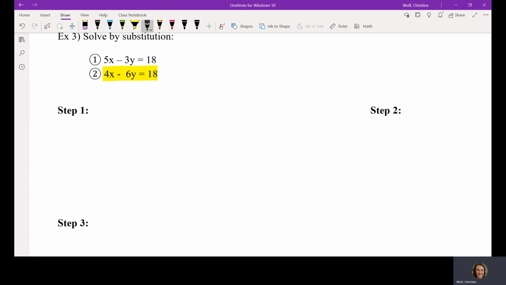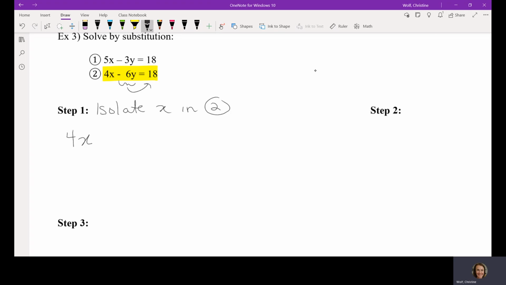And then you have to decide which one you are going to isolate, x or y? And it really doesn't matter. I'm going to go for x. So for step 1, I'm going to isolate x in 2. To do that, I'm going to send the y over.